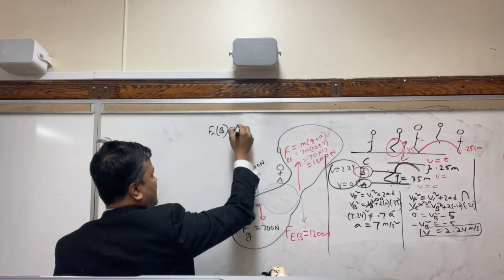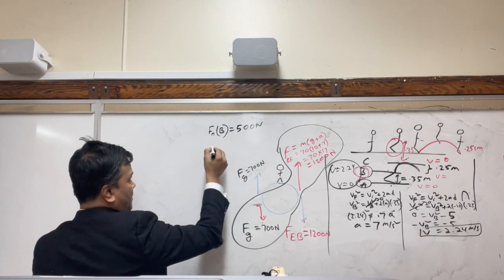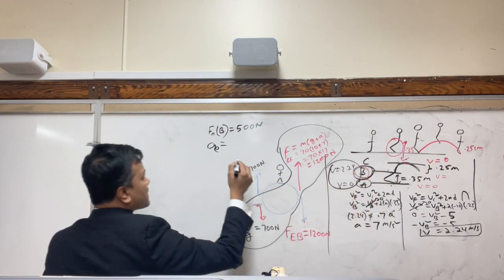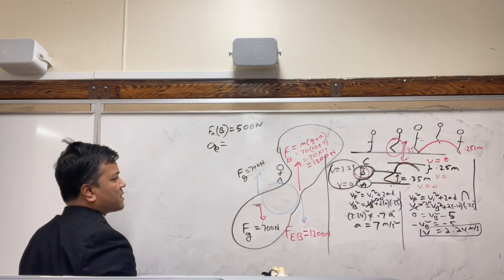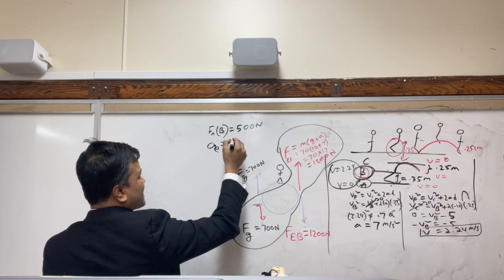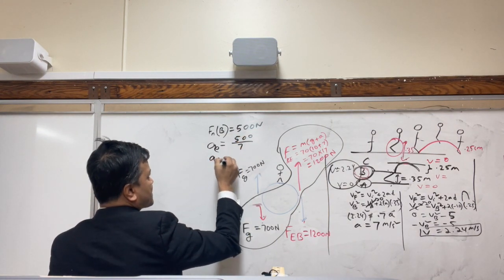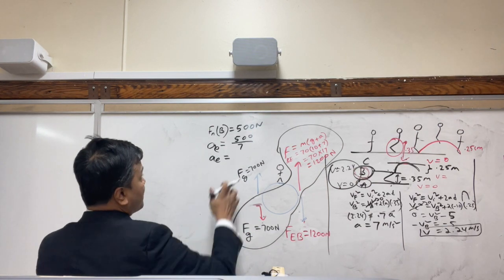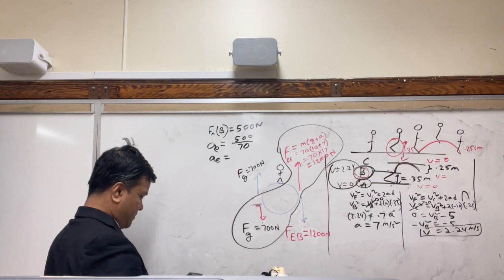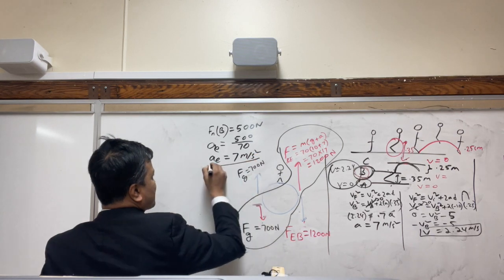So I'm going to just write 500. All right. So now the acceleration of the body at location B, just the moment of launching or jumping up, is of course F net, which is 500, divided by the mass, 70. So 500 divided by 70 is also 7 meters per second squared, and that makes sense. Here you have 7.